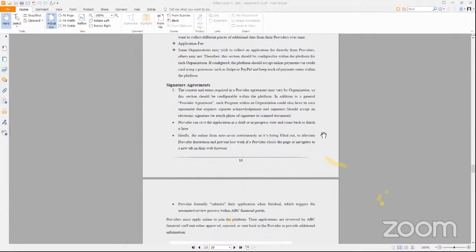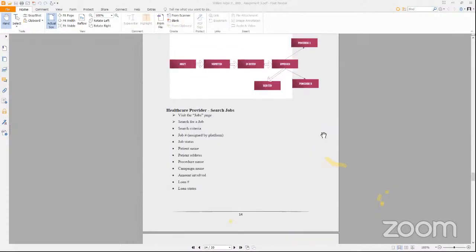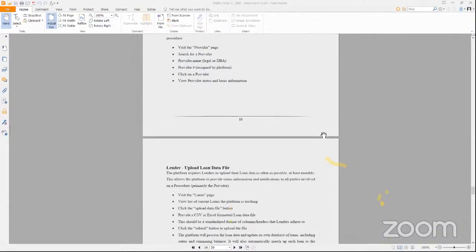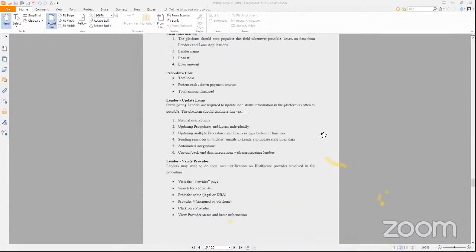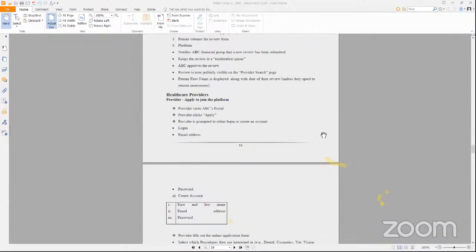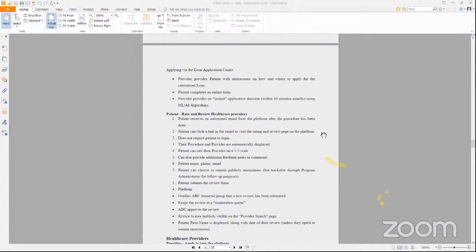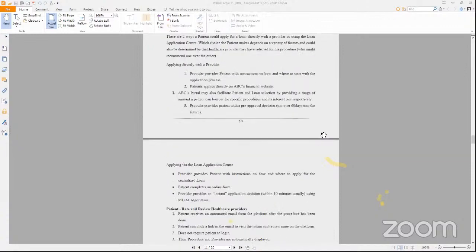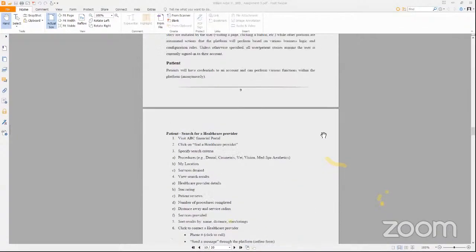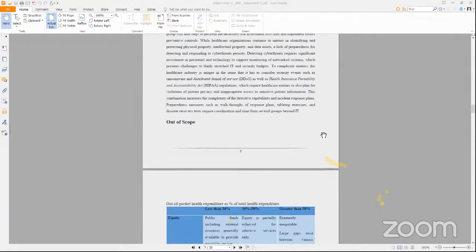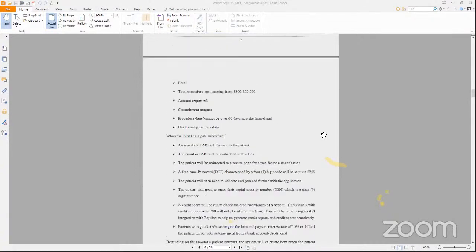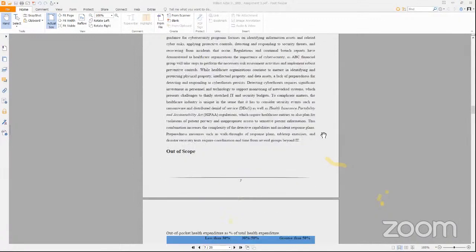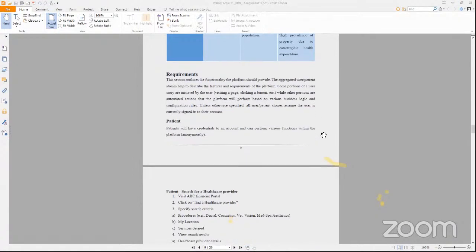Because he said something like when the patient finishes with the application, then no, it's in the requirements. Then the provider will make an application decision.